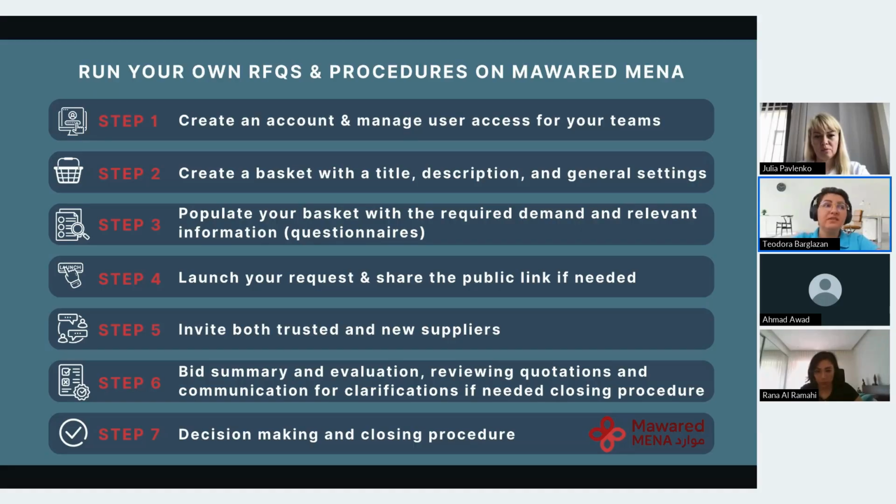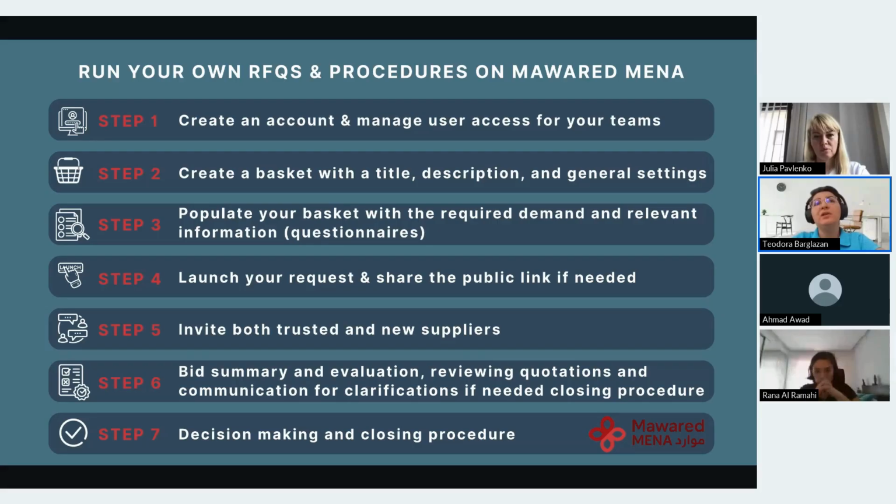Step six is about bid summary review capacity through the platform, and also running clarification Q&A sessions also through the same platform, both commercially and technically. And ultimately, step seven is about the decision-making process.